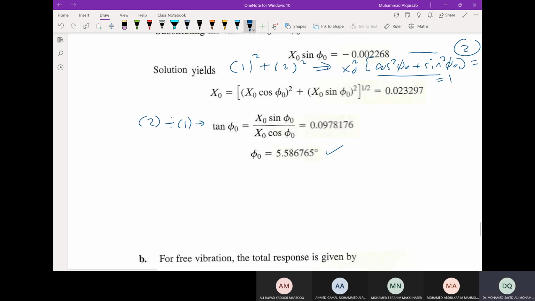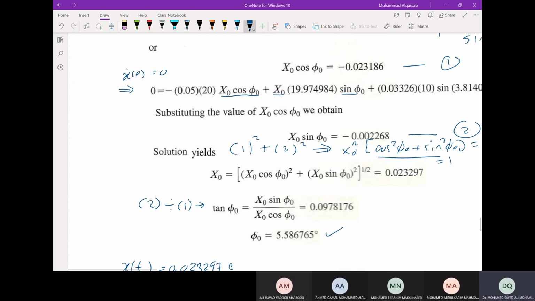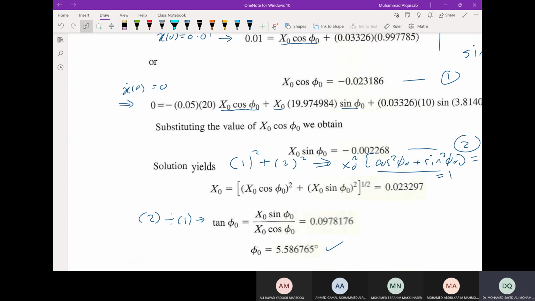Okay, so the final solution is x of t equal to x0, which is 0.023297, e to power minus zeta omega n t. We have zeta is 0.05 multiplied by omega n 20, which is 1, times t.